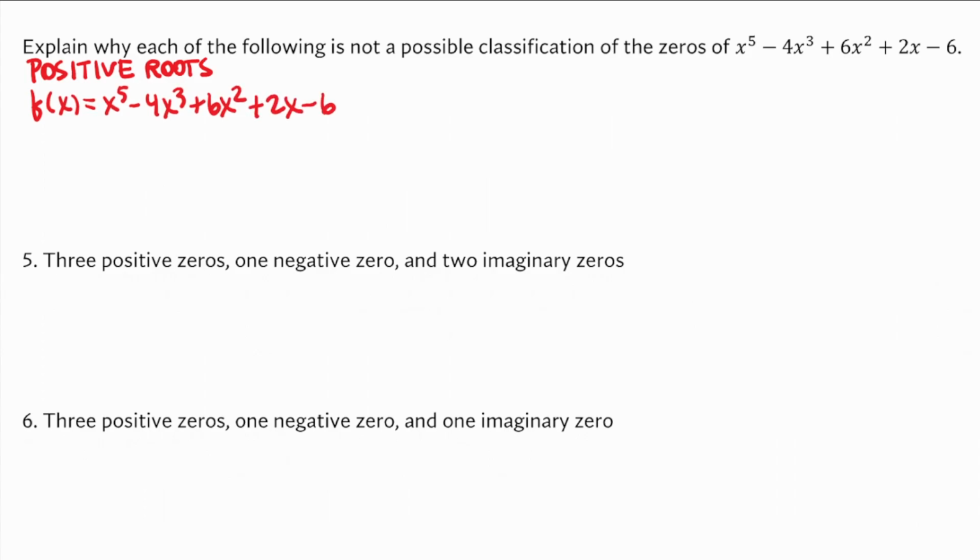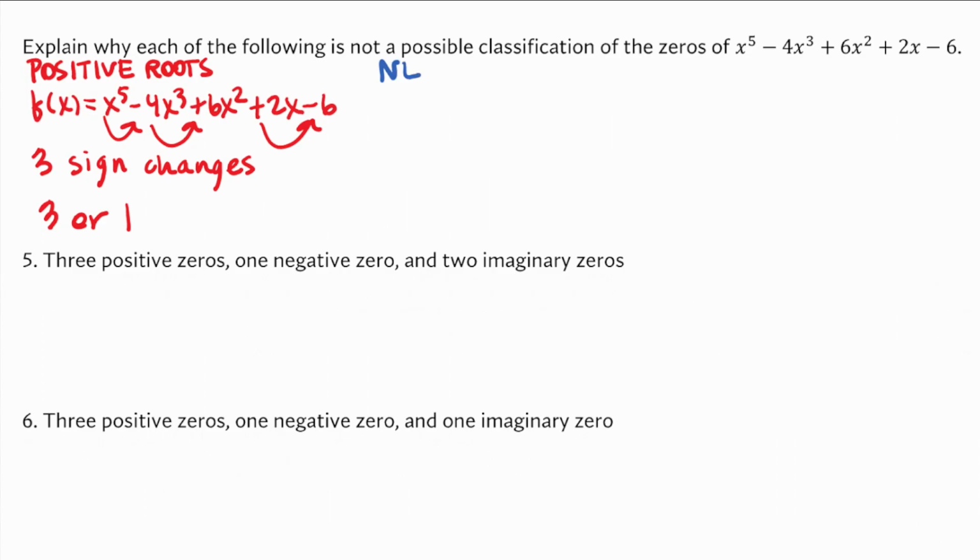So I've seen signs change a couple of times here. I went from positive to negative, negative to positive, then positive twice, but then positive to negative. That's 3 sign changes. So for positive roots, I've got either 3 or 1. It can be fewer by a multiple of 2.